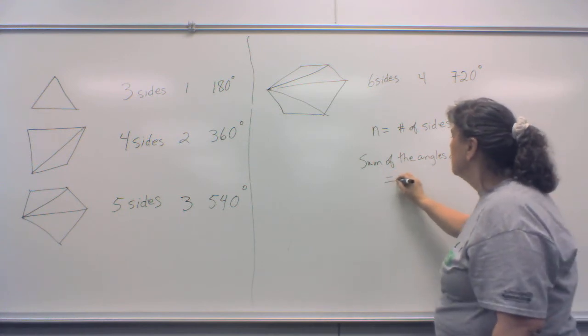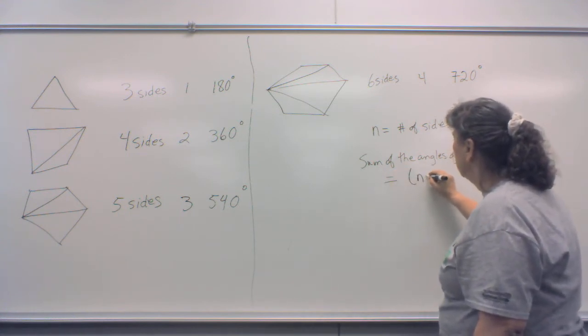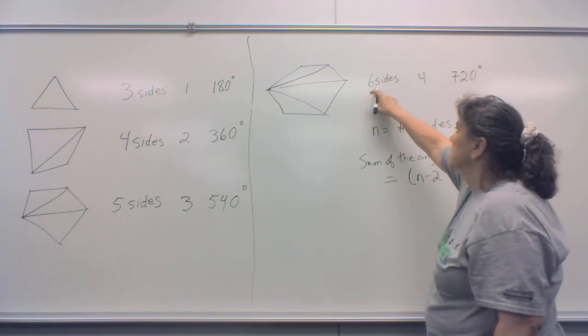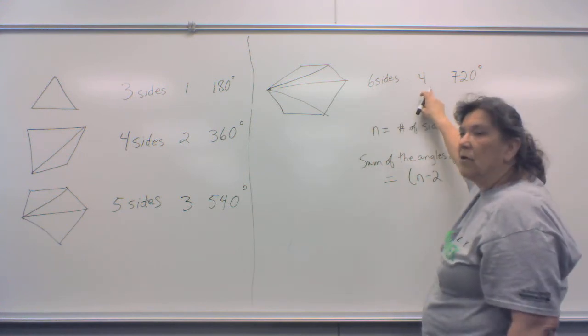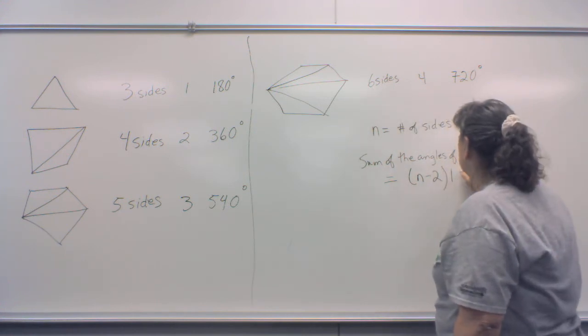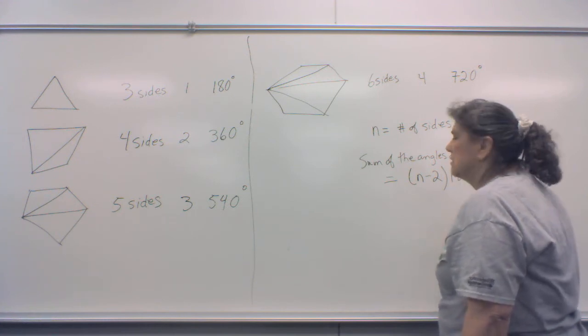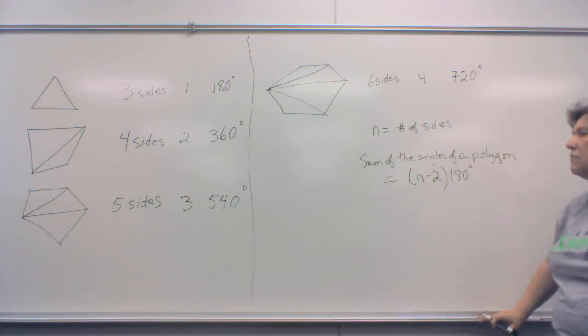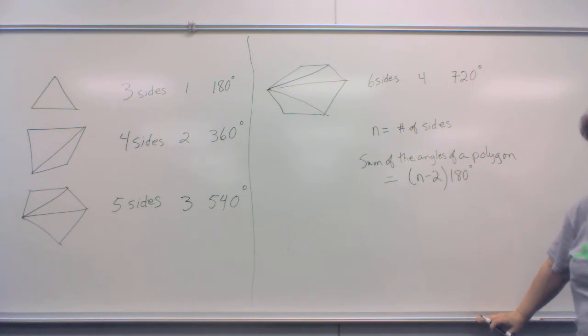It is equal to n minus 2, because there are 2 fewer triangles than there are sides, times 180 degrees. That is your basic formula for figuring all that out.